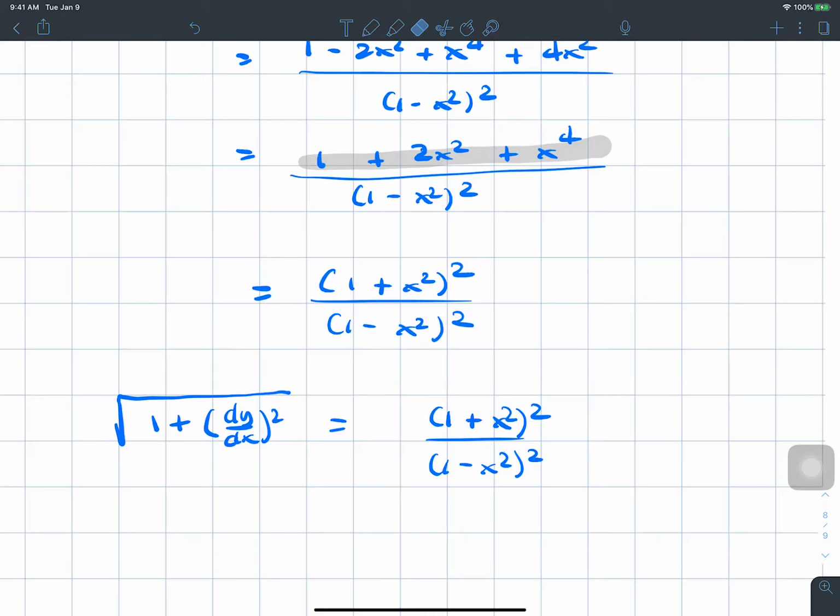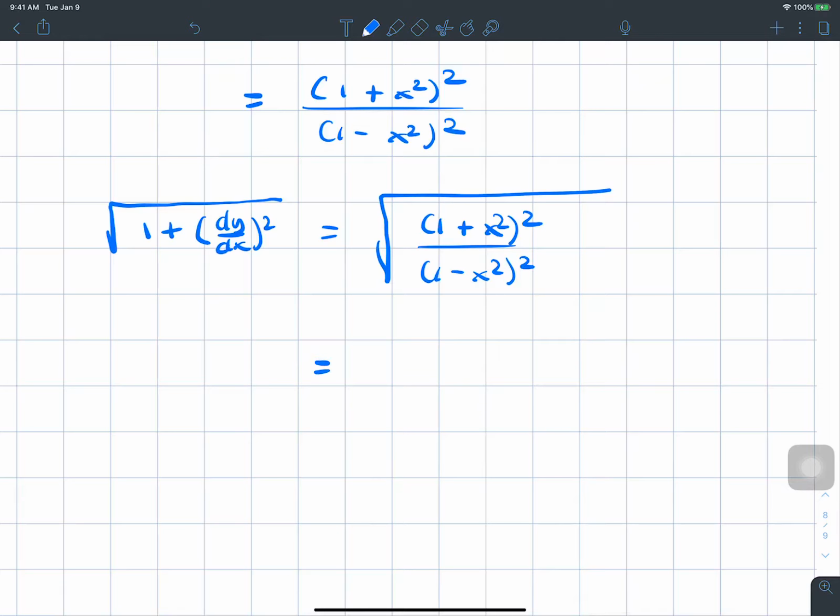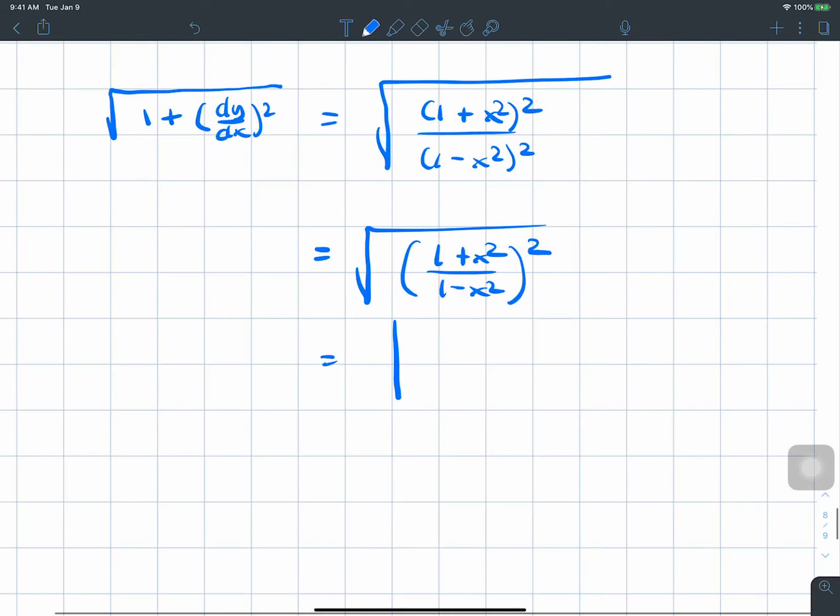And as you guys can guess, this becomes the absolute value of 1 plus x squared over 1 minus x squared, which is the definition of absolute value. This is good for 0 to 1/2, I believe, right?